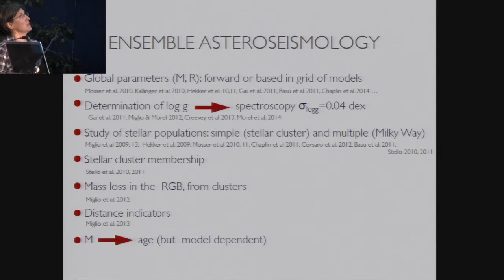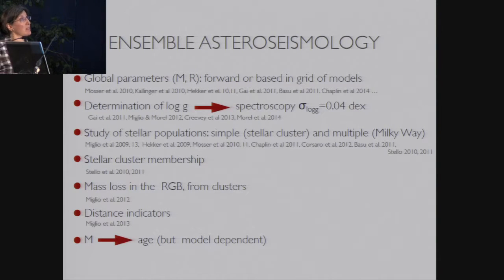But with these parameters, we can do a lot of things. First of all, as I told you, to have mass and radius for an enormous quantity of stars in the field is a gold mine, if you want, for studying stellar physics and also galactic evolution. We can, of course, derive the parameters of the planets. And there is one very basic thing: we can derive the gravity of the stars at the surface.